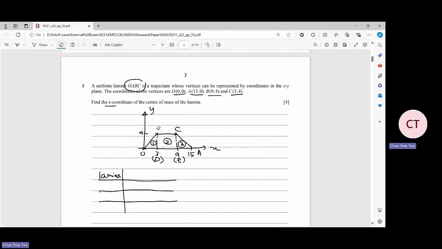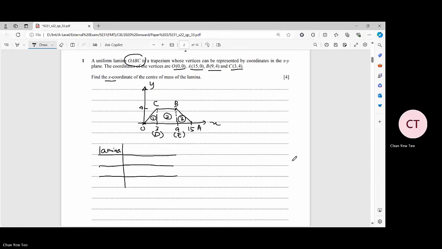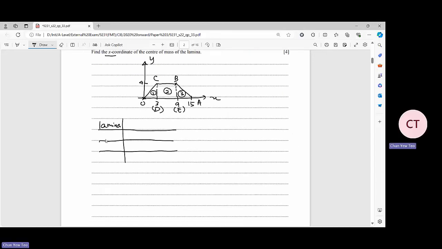This is supposed to be C, and this is supposed to be B. So triangle number 1 is OCD. And we have CBDE, the so-called rectangle, and the third triangle, ABE. If you combine the three shapes together, you get a trapezium.